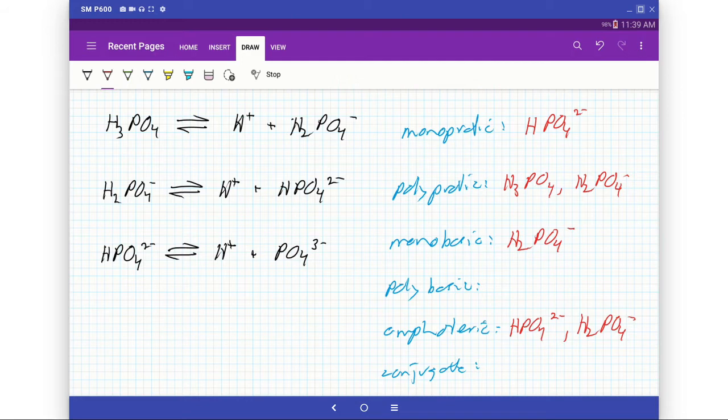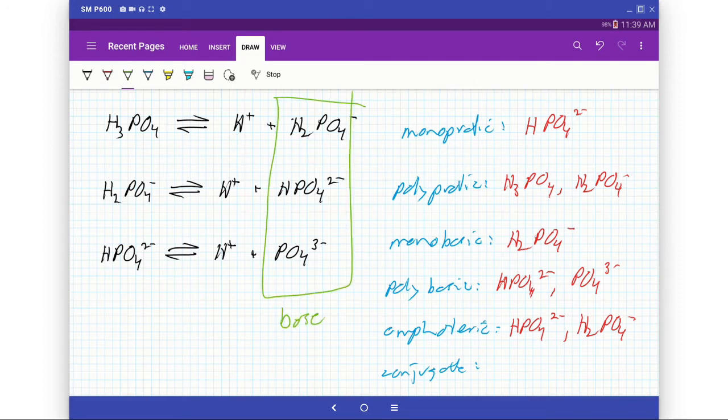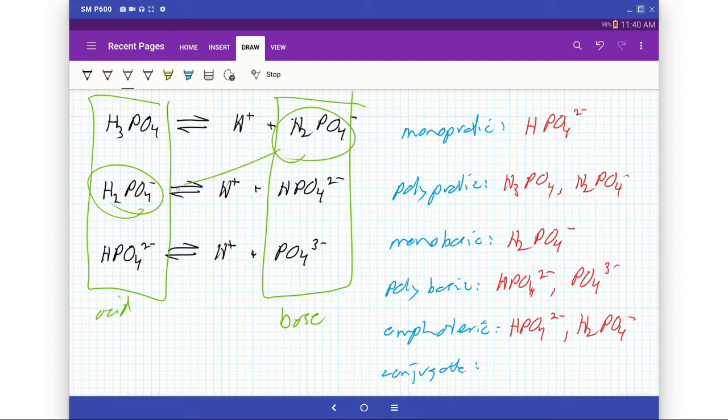And the last one, I'll do conjugate. Polybasics are what? HPO4 2 minus and PO4 3 minus are the polybasic entities. Basically, sorry, bad use of the term, if it's on this side, it is a base. If it is on this side, it is an acid. If it is on both sides, clearly it's amphoteric.